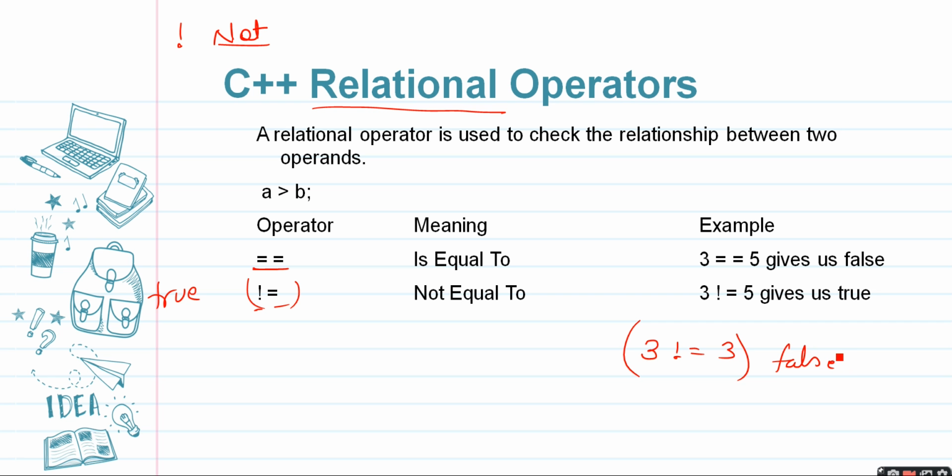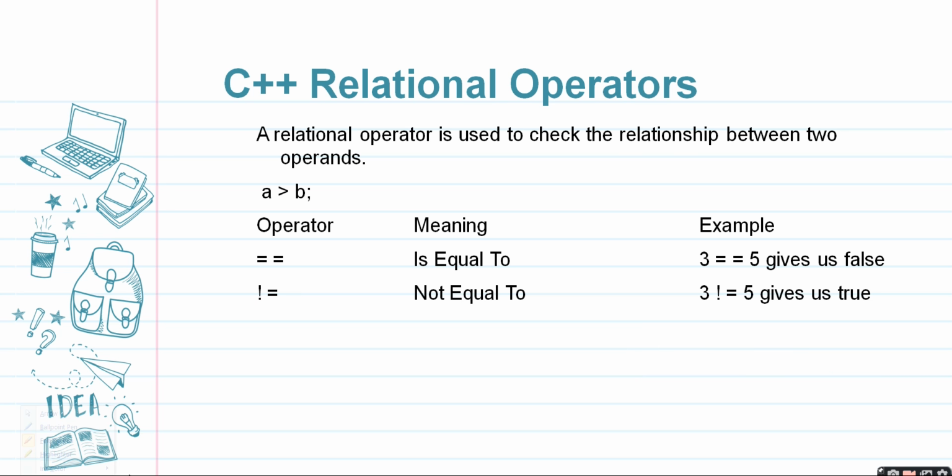False, because 3 is equal to 3, right? So here in this case, 3 is not equal to 5. Yes, this is true, so it gives us true as a result. This is our expression, and in our expression we have used this operator. This is termed as the not equal to operator.